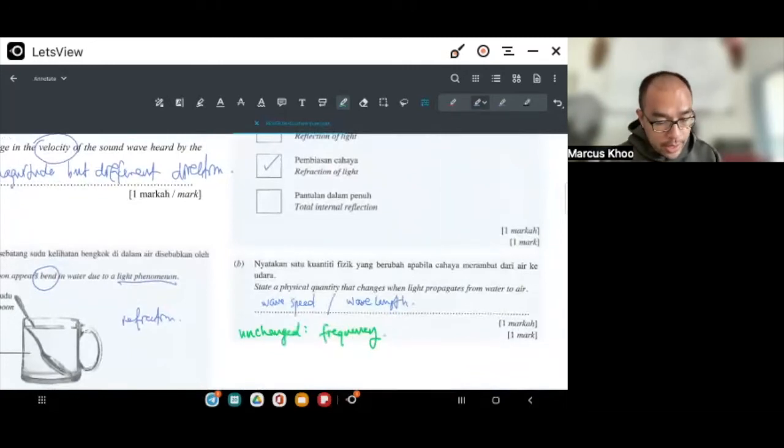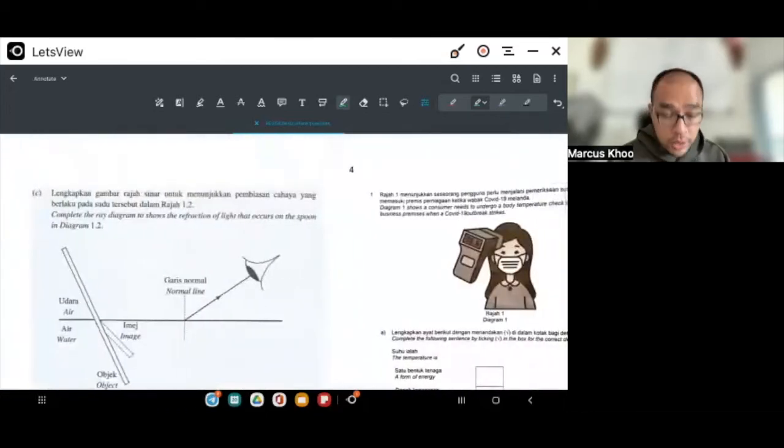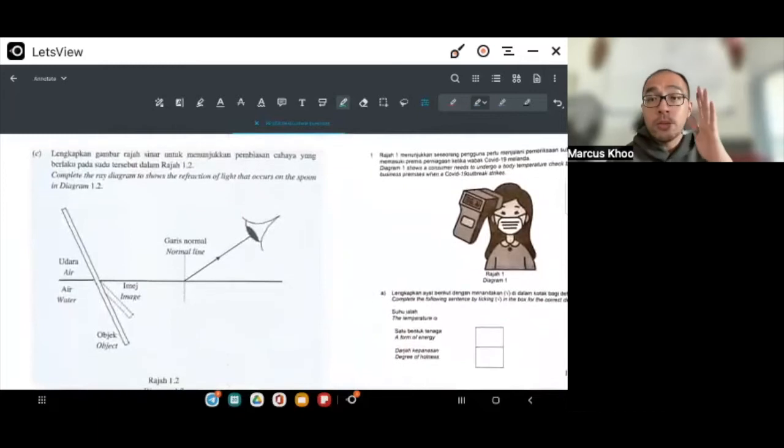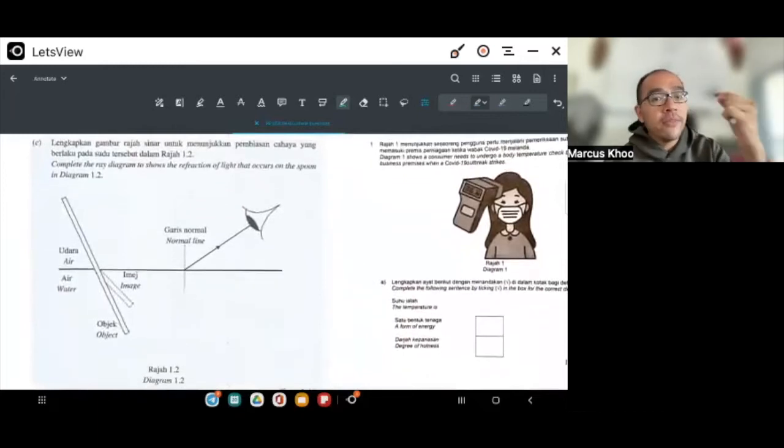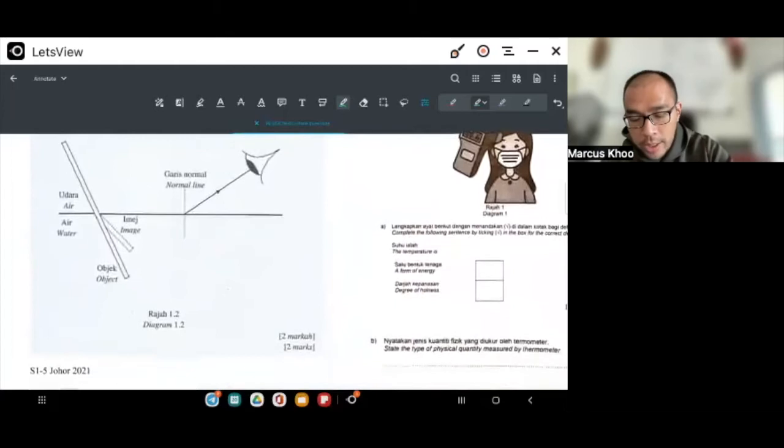Next, complete the ray diagram to show the reflection of light that occurs on the spoon. When you draw this, the most important thing is the image must have a straight line to the eye, so you will have to draw a dotted line like this. But where does the straight line come from? It comes from the refraction of light, because the original one is here.